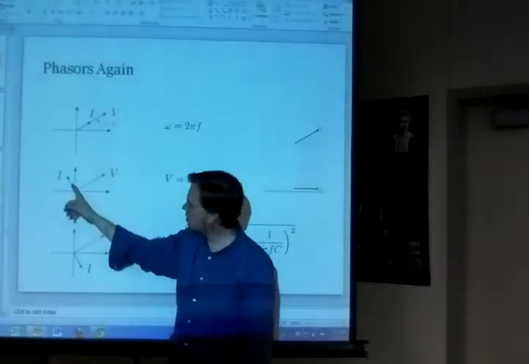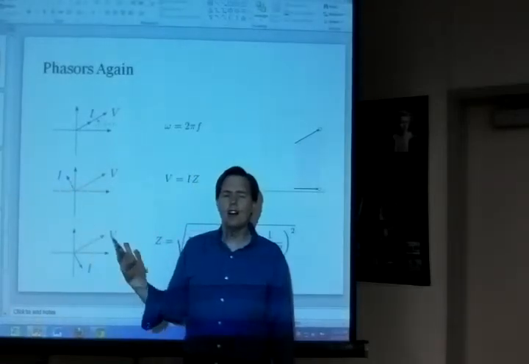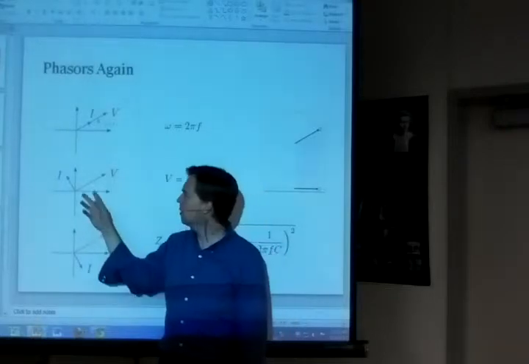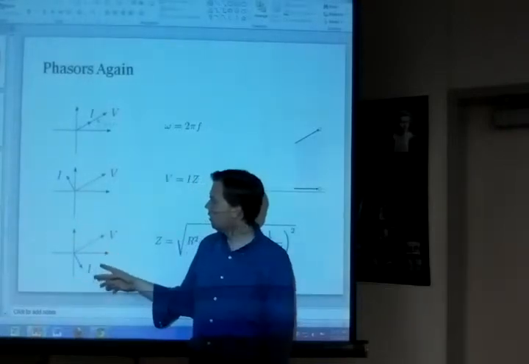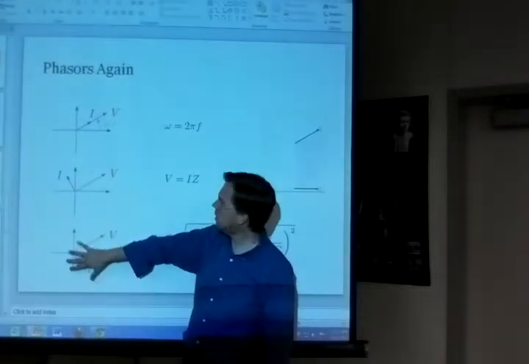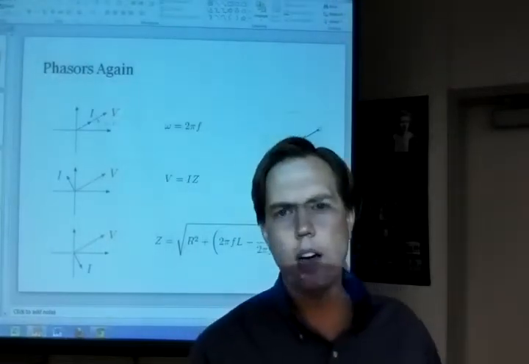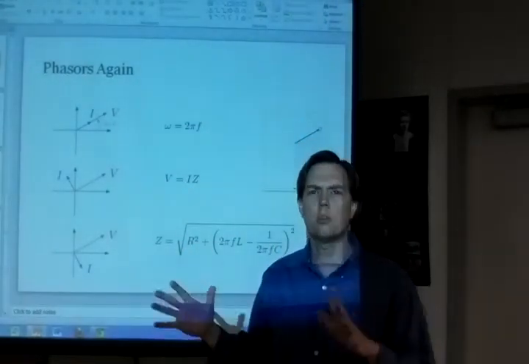They're spinning this direction, so the current is in front of the voltage. ELI the ICEman, I is in front of the E for a capacitor. And for an inductor, the voltage is in front of the current. And so these are the pictures that carry the exact same information content as the previous ones, but now instead of dealing with sines and cosines, we're dealing with vectors.